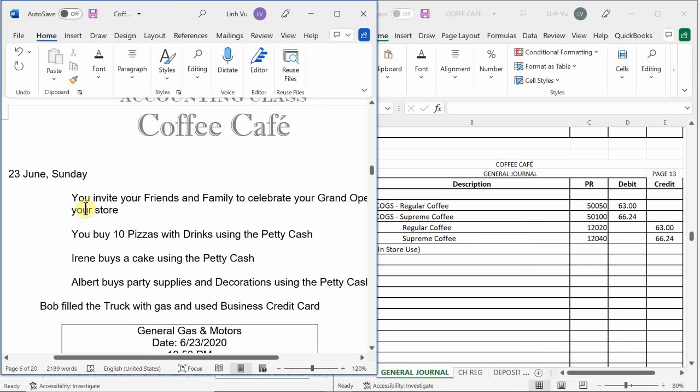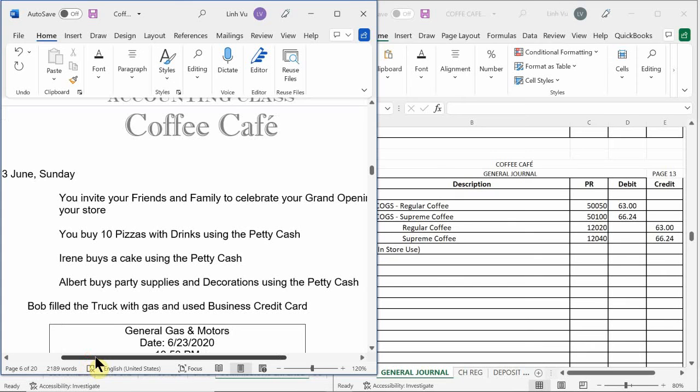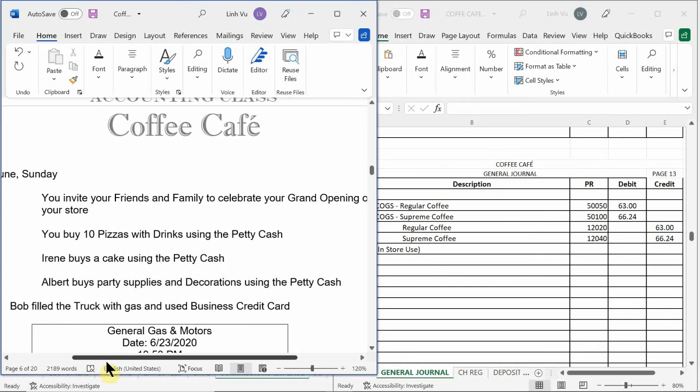Okay, you're going to go buy 10 pizzas with drinks using the petty cash. Okay, and you're also going to have Irene buy a cake using the petty cash, and Albert buying party supplies using the petty cash.